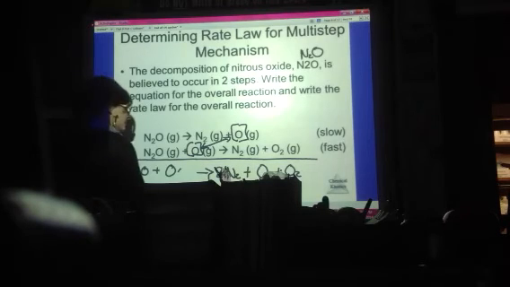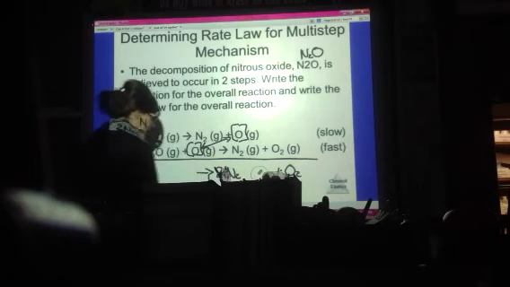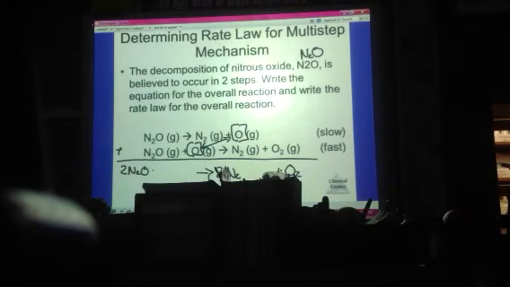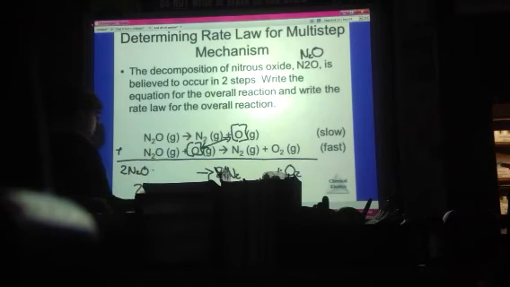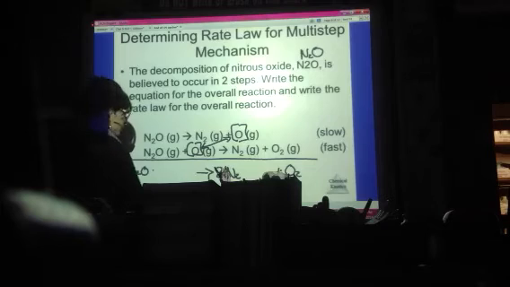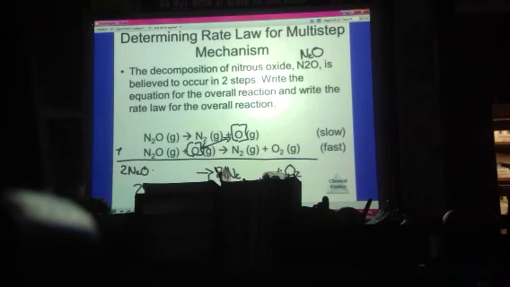Oxygen, since it's the intermediate, will be completely consumed, so I can cross that out. So my actual reaction, the equation for the overall reaction, is 2 N2O yields 2 N2 plus O2. Let's check: 2 oxygens, 4 nitrogens, 4 nitrogens. It's balanced as it should be.